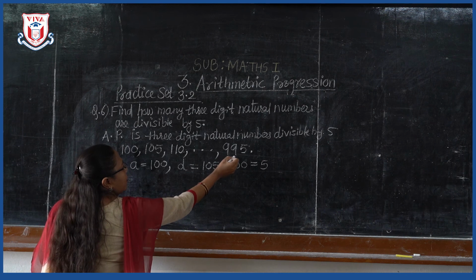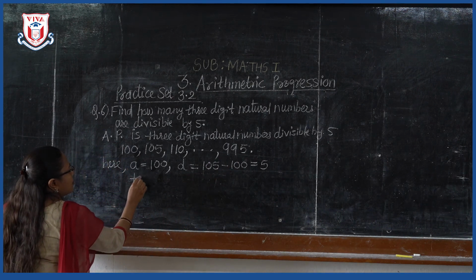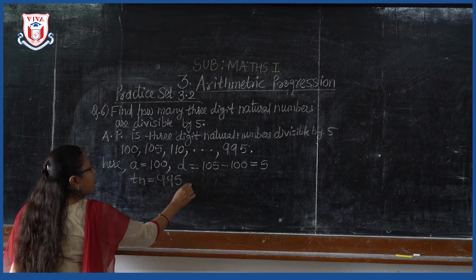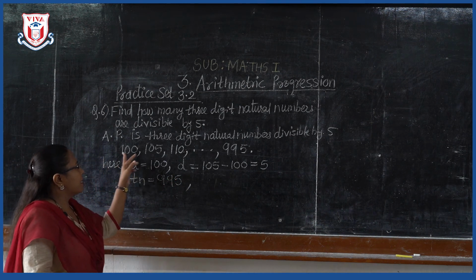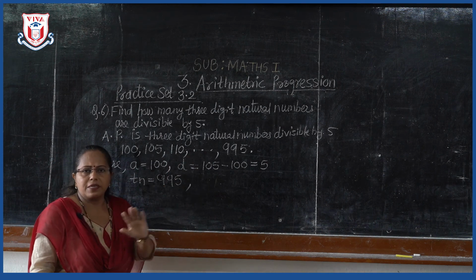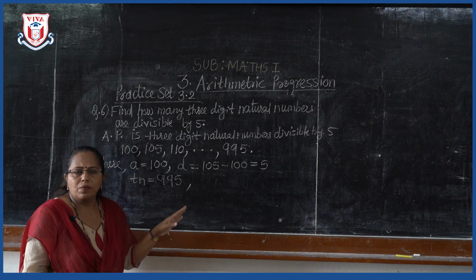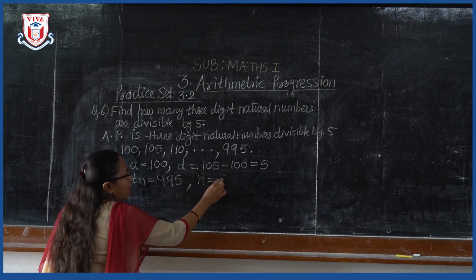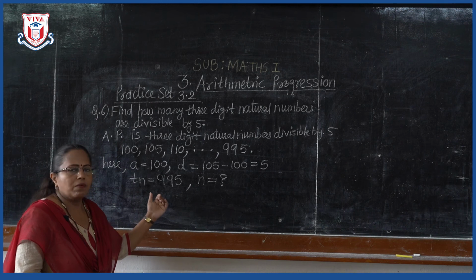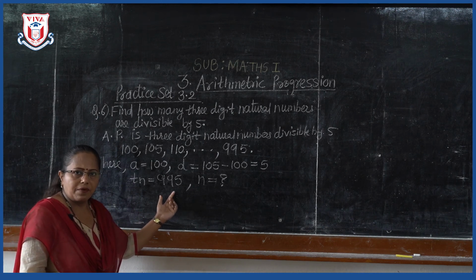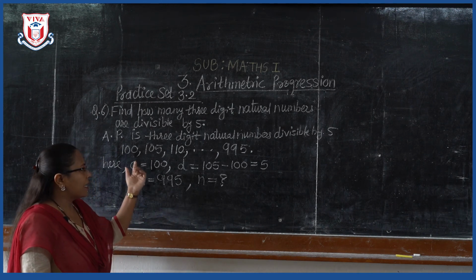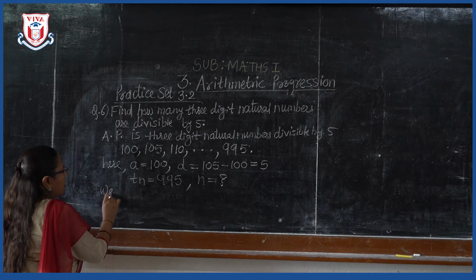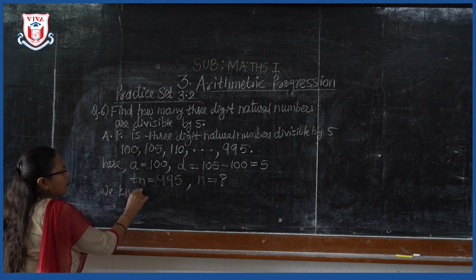Now in this AP we know the last term, that means Tn is equal to 995. But how many numbers are in this AP we don't know. How many numbers means n. N we don't know, which we have to find out. Followed the question? Now again apply the Tn formula.